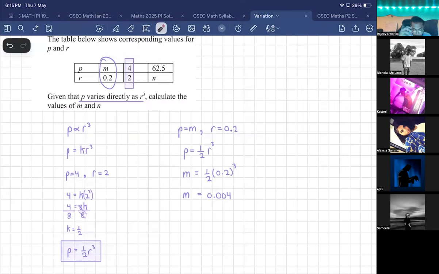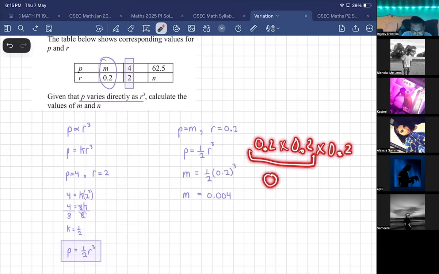Let me explain. 0.2 cubed really means 0.2 by 0.2 by 0.2. When we multiply 0.2 by 0.2, that's going to be 0.04.